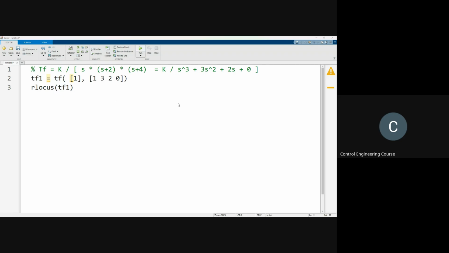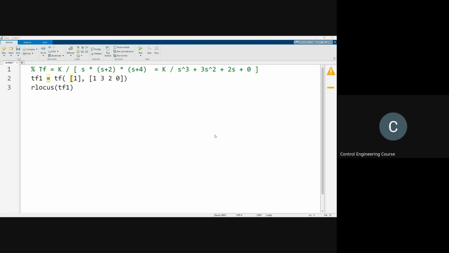Now I'm running this MATLAB script. Okay, this is the root locus plot we have seen so far. Is it correct, like whatever we have done? It's correct, right?